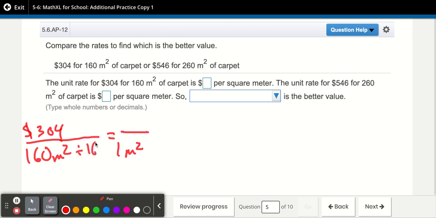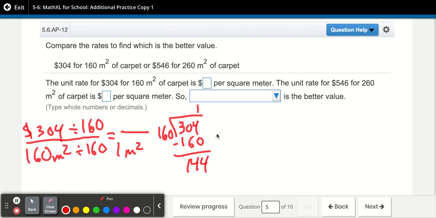So we divide the top and the bottom by 160. And we get 304 divided by 160. And 160 goes into 304 one time. And 304 minus 160 is 144.